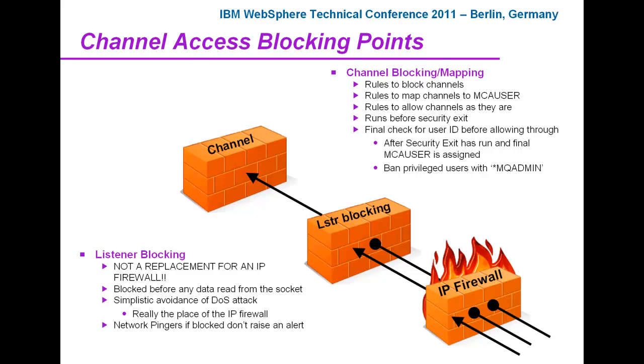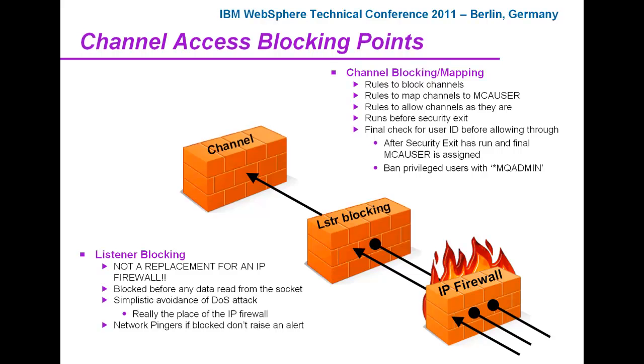These rules will be applied before the security exit is run, and then a security exit, if defined, will be called, and it can have a go and decide that although the rules didn't have something to ban this particular connection, the security exit does. So the two can work in combination as you perhaps migrate from an existing security exit over to using the new rules.